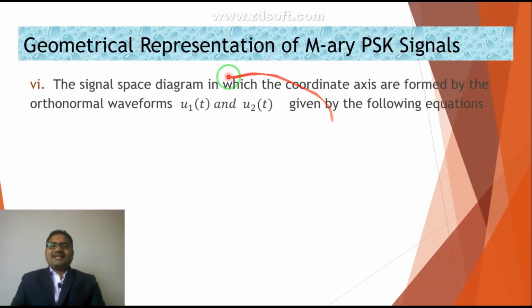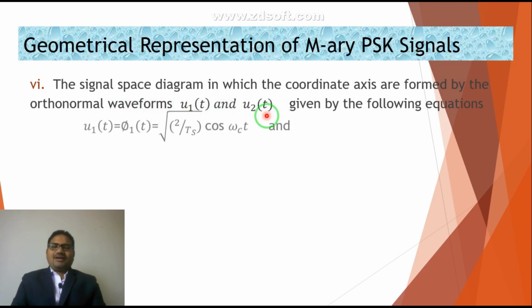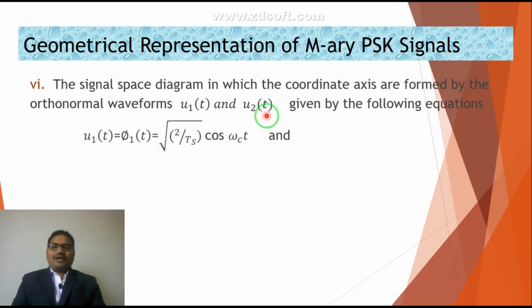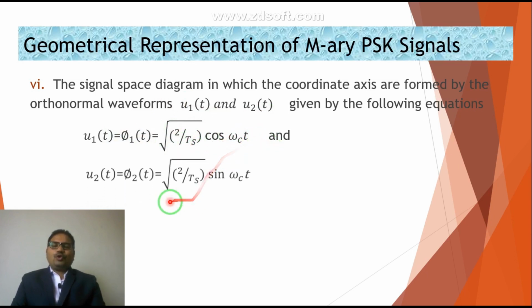Now, the signal space diagram has coordinate axes formed by orthonormal waveforms, u1 of t and u2 of t, which we already saw in the previous lecture. u1 of t, also represented by phi1 of t, is square root of 2 by Ts cos omega c t, and u2 of t or phi2 of t is square root of 2 by Ts sine omega c t, which has unity energy.